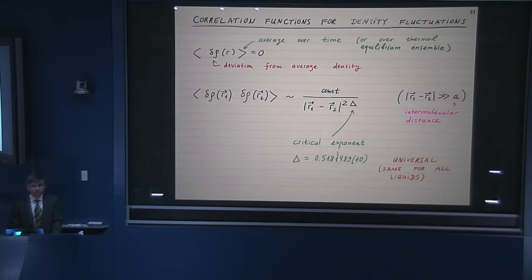We can measure it experimentally by scattering, say, neutrons or light on our material, and we can also make theoretical predictions for it. In the case of liquids, we know this exponent with 6, 7 digits. Here's the experimental value, 0.51814889.